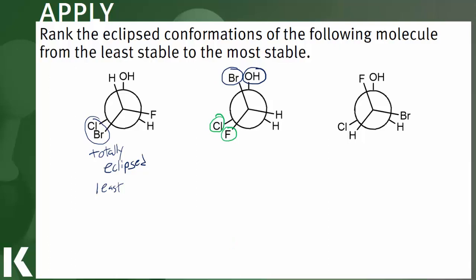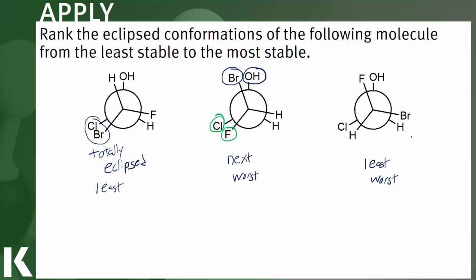That makes this, let's say this is the next worst. It's in the middle. And of course, by process of elimination, that leaves us with this one as the least worst conformation, or the most stable. But again, I kind of hesitate to use the word stable when we're talking about eclipsed conformations at all. So we'll go with least worst on this one.